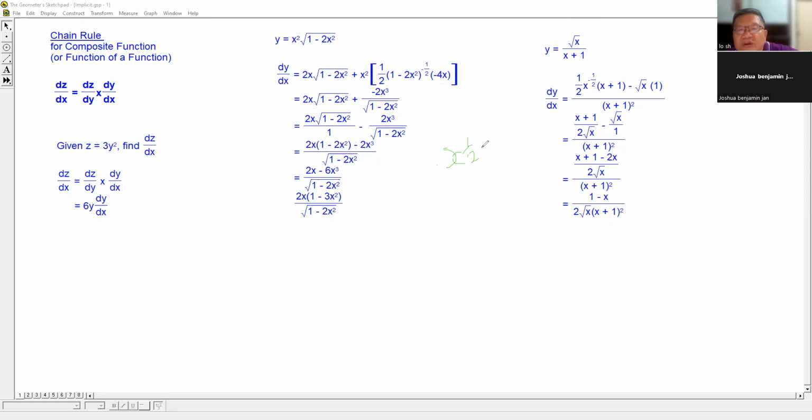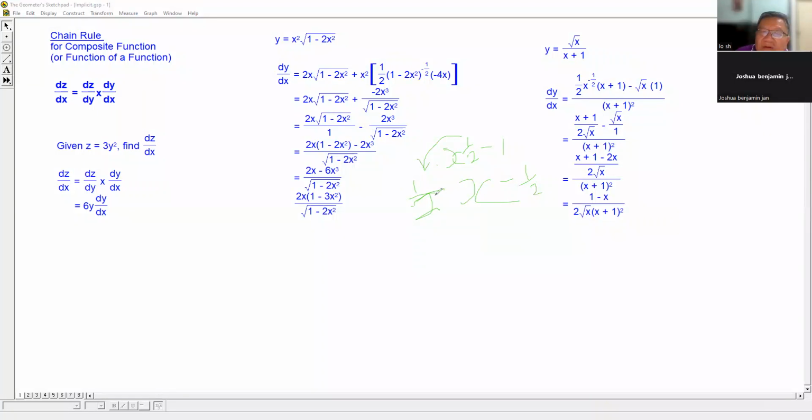Now, when you differentiate, you have minus 1. The half you bring to the front. So you have the half in front. Then x to the power of negative half. So how to differentiate? The half you bring to the front. Then the half you minus 1.